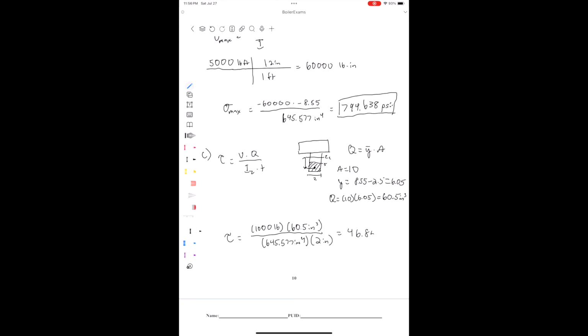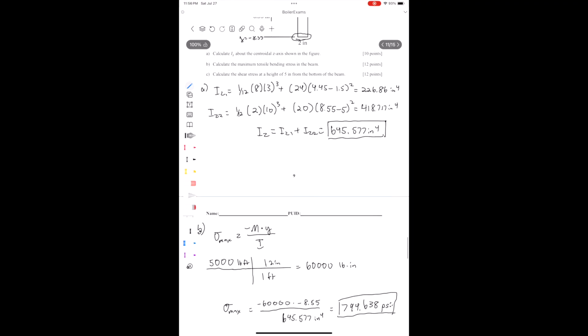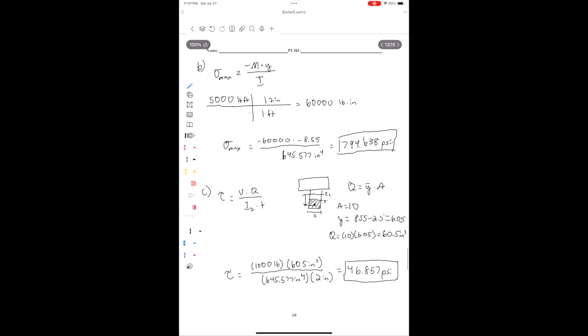And we end up with 46.857 psi as our shear stress at 5 inches from the bottom of the beam. And thus we conclude problem number 3.